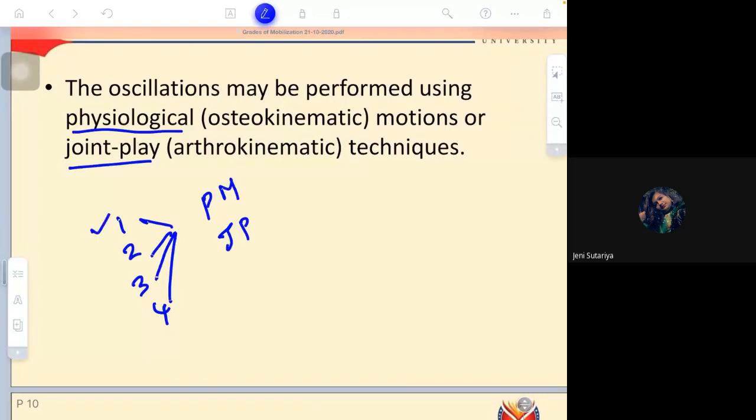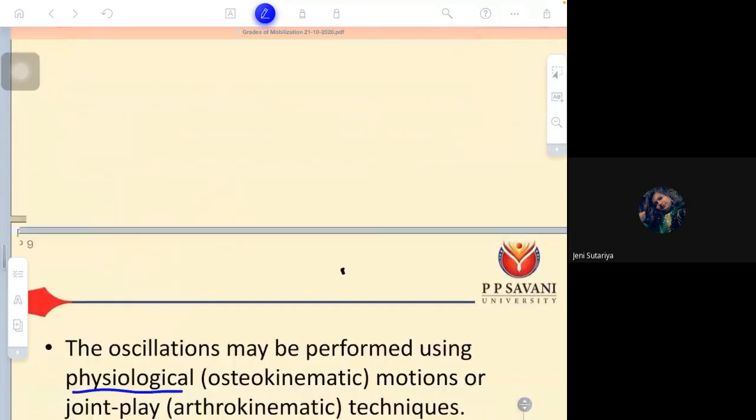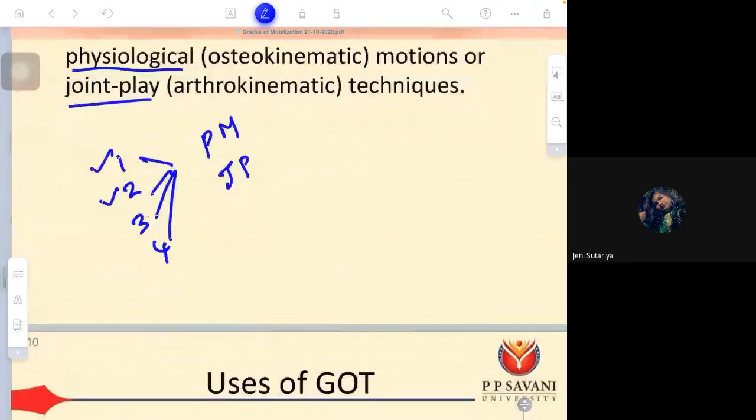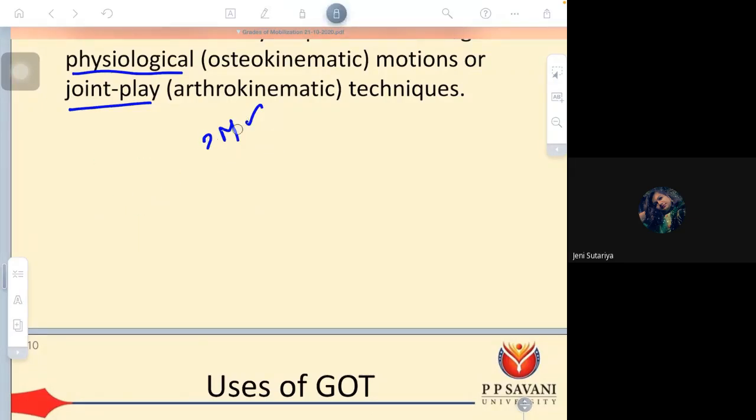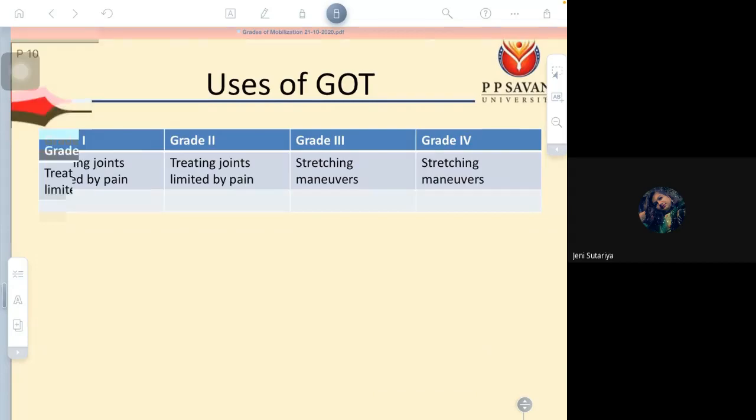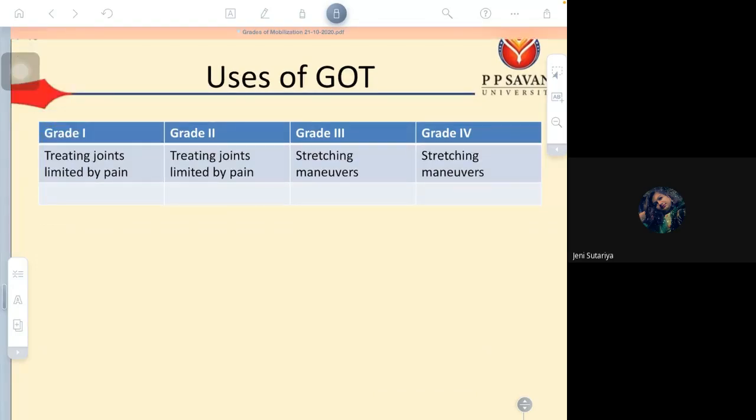So for grade 1 and grade 2, you can use either physiological motion or joint play technique. So what is the use of these first two grades? It reduces the pain.